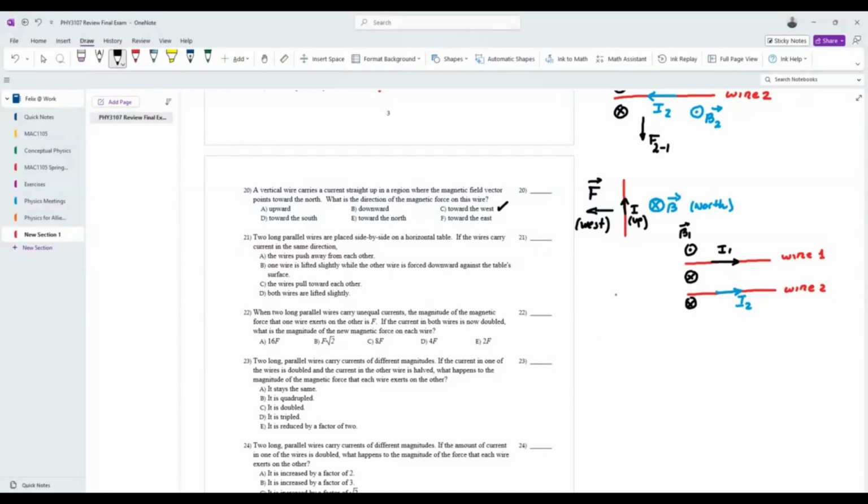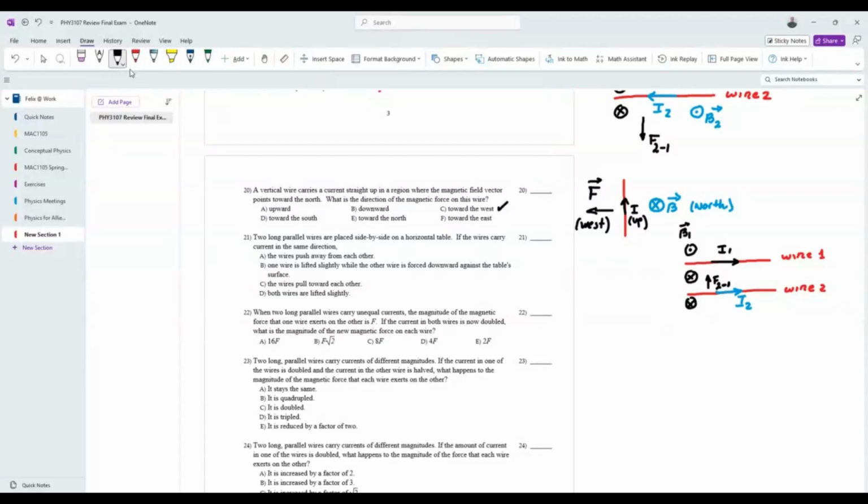So now, if you put your fingers in the direction of the current I sub 2, and you fold your fingers in the direction of B sub 1, you will see how your thumb points forward. This will be the force on wire 2 due to wire 1, due to the magnetic field due to current I1.